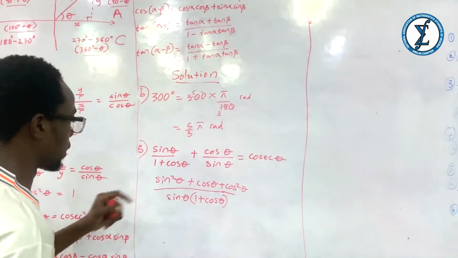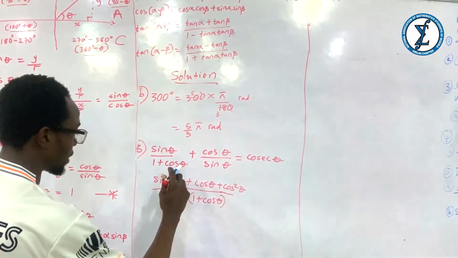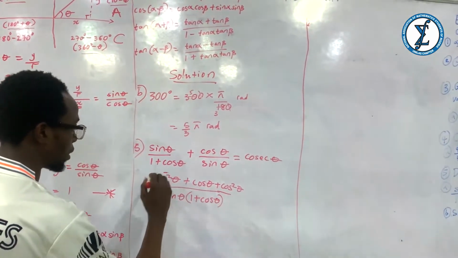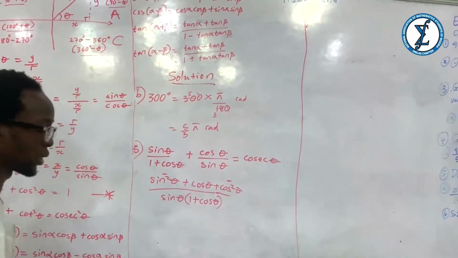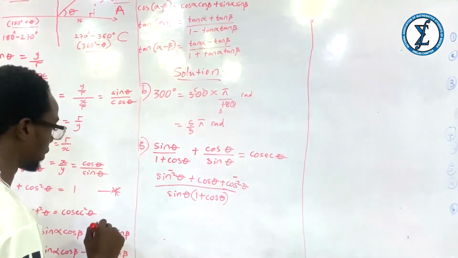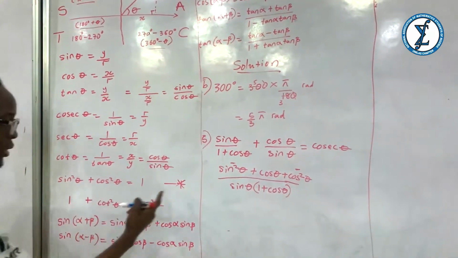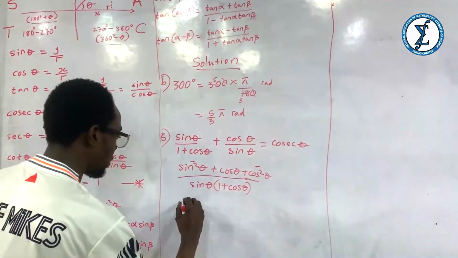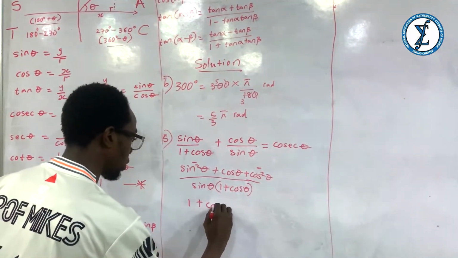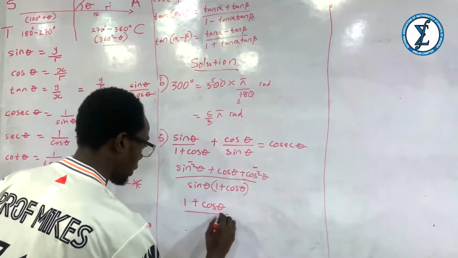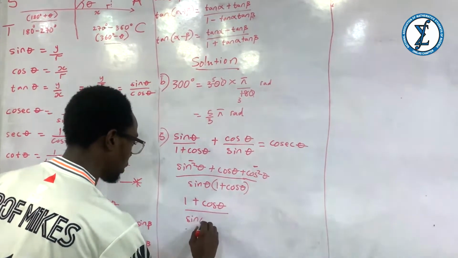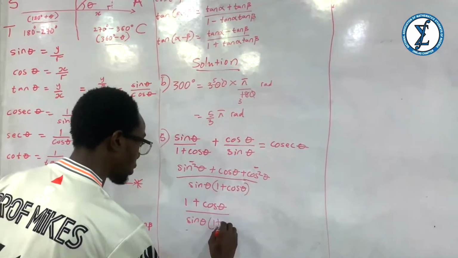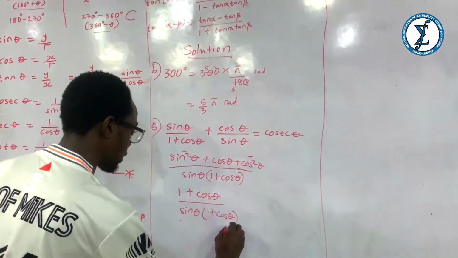Now, recall that this is sine square theta plus cos square theta. Remember our general identities, which we have here, that is equal to 1. So we have 2 plus 2 cos theta all over sine theta multiplying 1 plus cos theta.